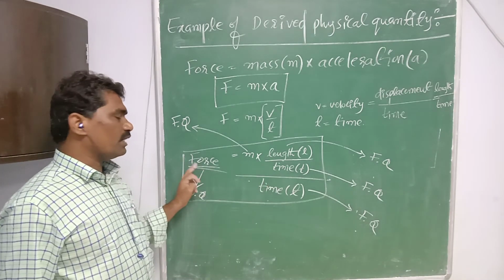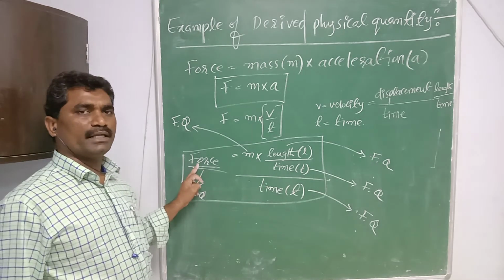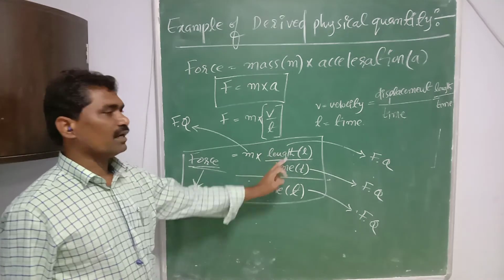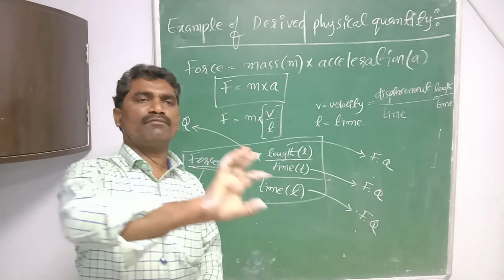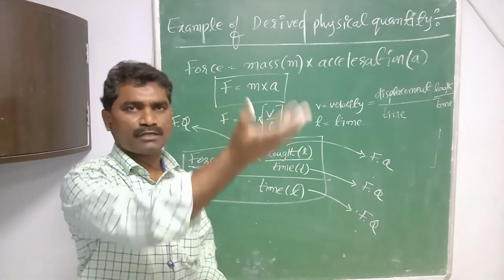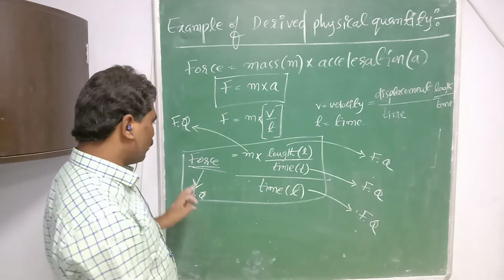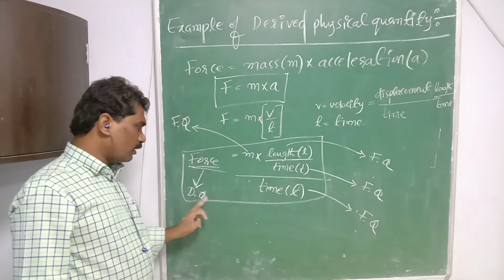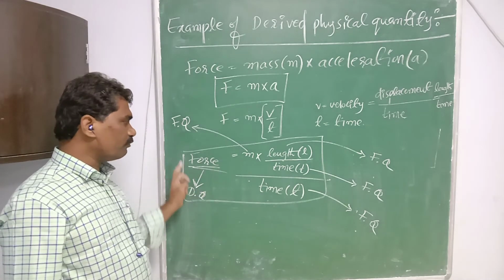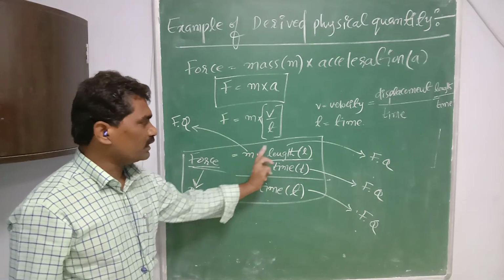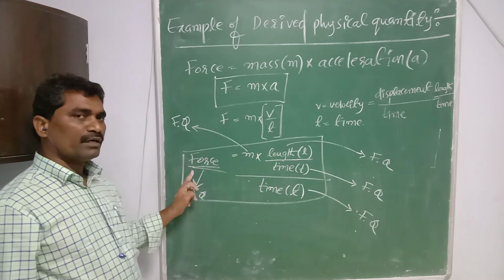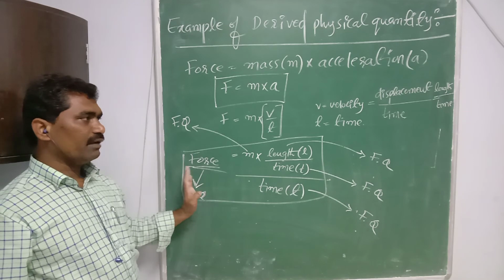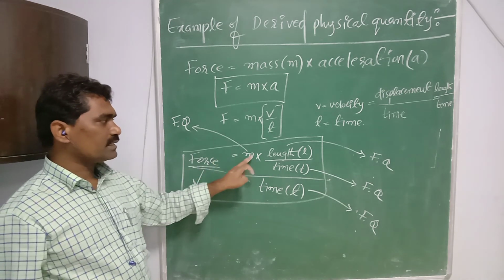A physical quantity which is derived from fundamental quantities, basic quantities, is called a derived quantity. So force is a derived quantity which depends upon, and is derived from, mass, length, and time.